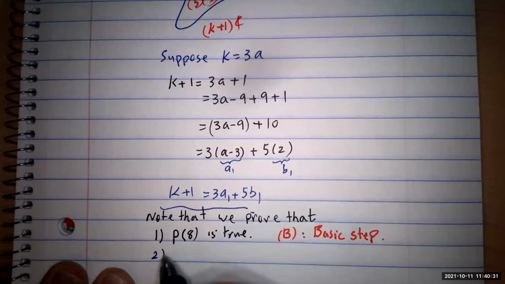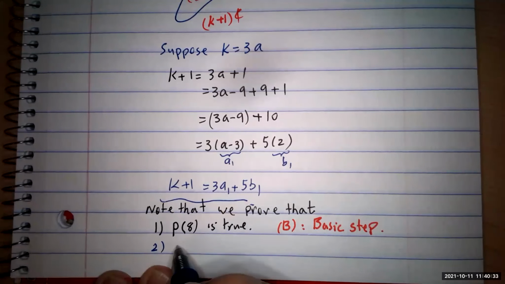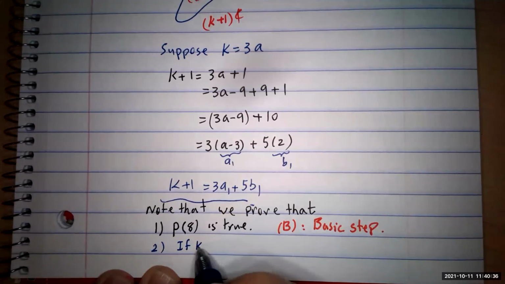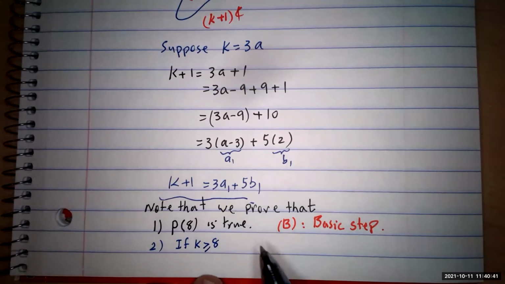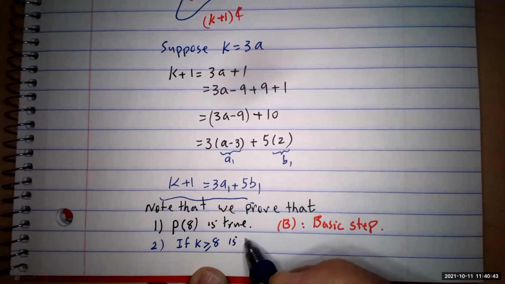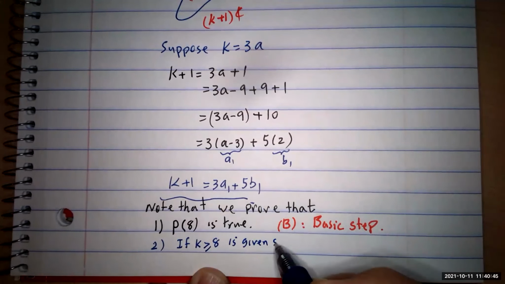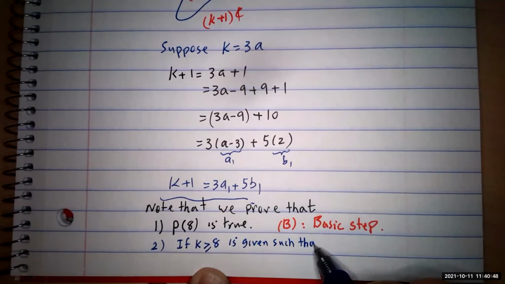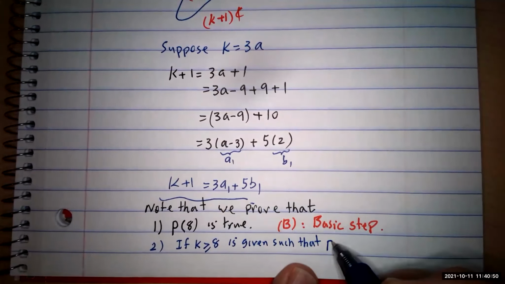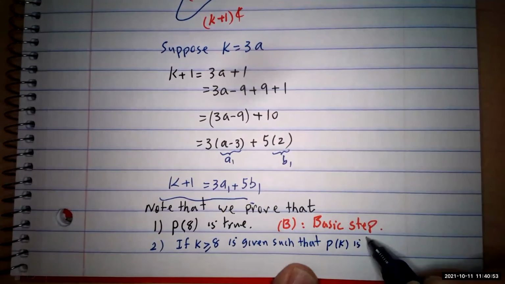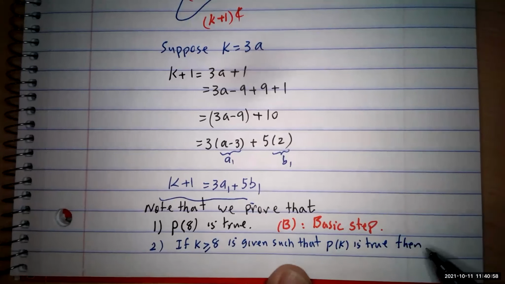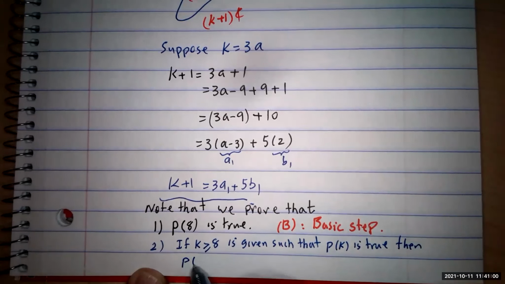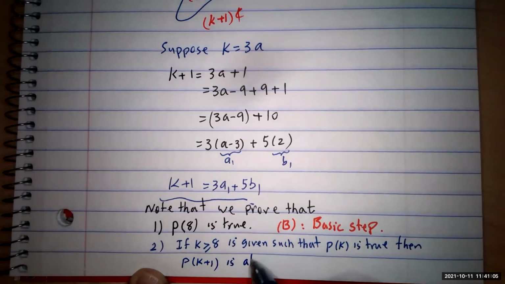In the second part, we assume that if you give me a k, if k is greater than or equal to 8, any integer is given such that Pk is true, meaning the property is true, you assume it's true, then we prove that Pk plus 1 is also true.